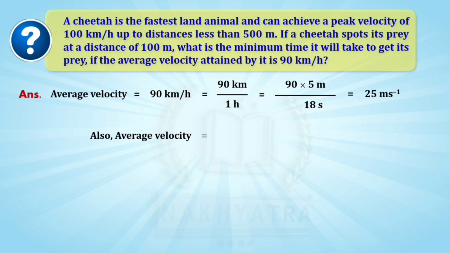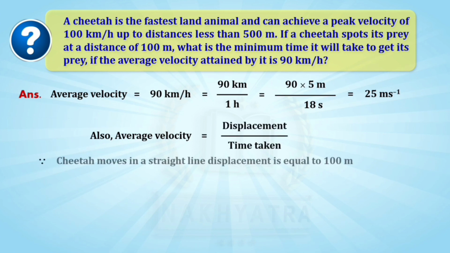Also, average velocity equal to displacement by time taken. The cheetah moves in a straight line, displacement is equal to 100 meter, right? So the time taken is equal to 100 by 25. Here 100 means displacement and 25 means time taken. So it is 4 seconds.